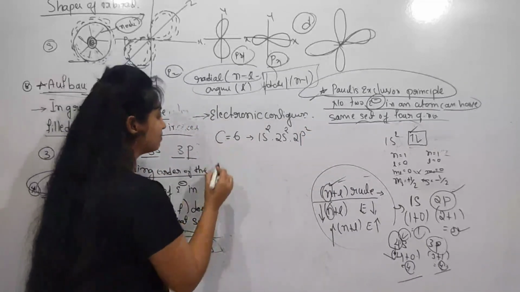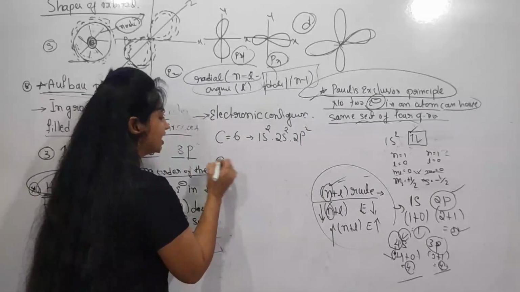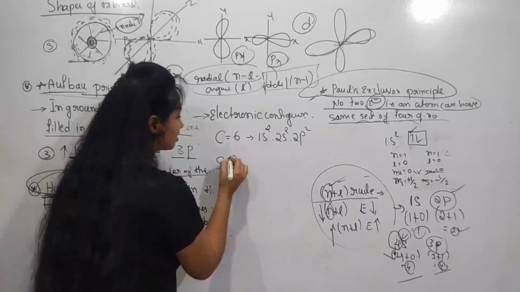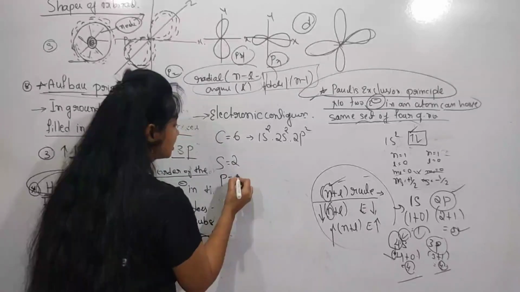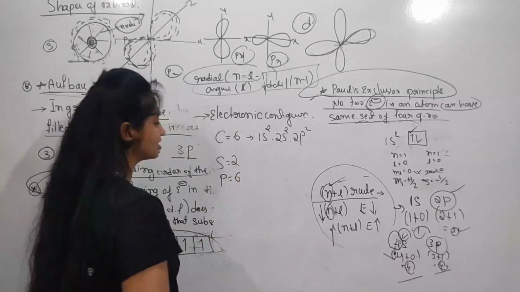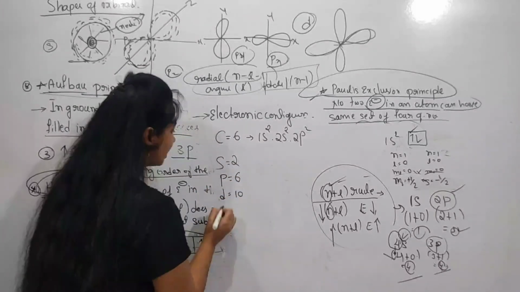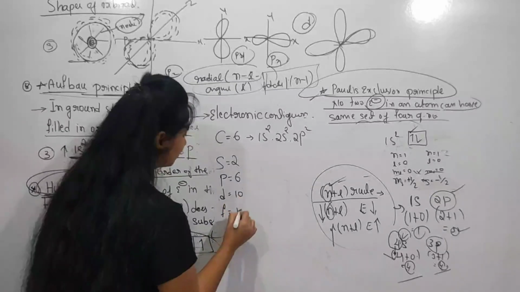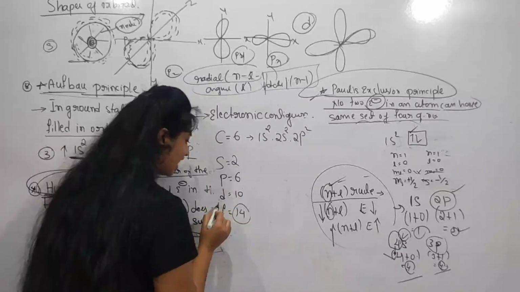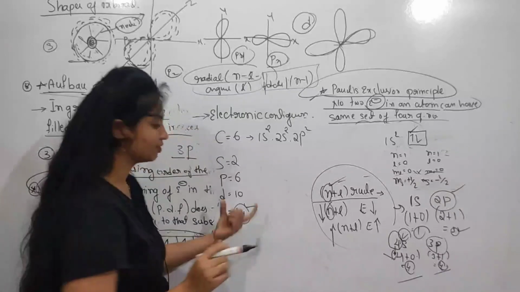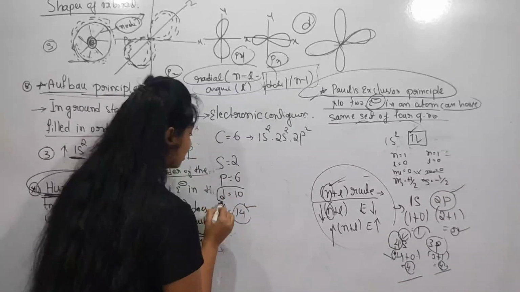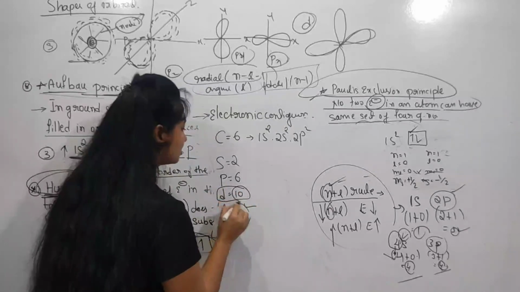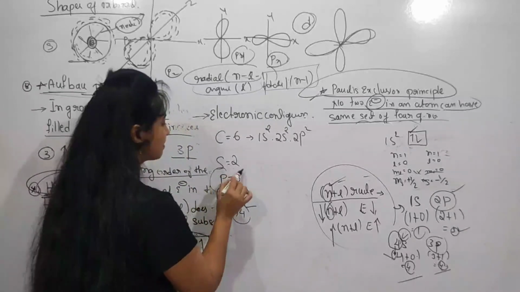First you have to remember the s orbital has the maximum capacity to accommodate 2 electrons, and p has a capacity to accommodate 6 electrons. D is equal to 10 and F is equal to 14. Means F has a maximum of 14 electrons, D has a capacity to accommodate 10 electrons, and P has a capacity to accommodate 6 electrons.